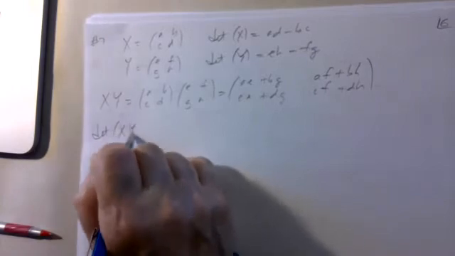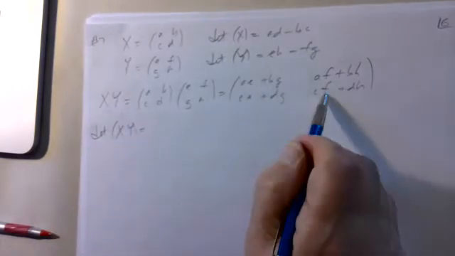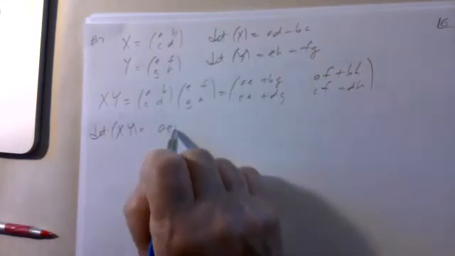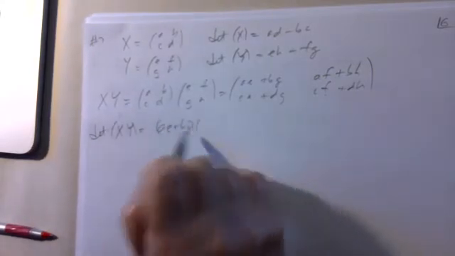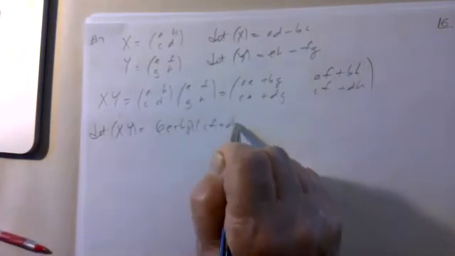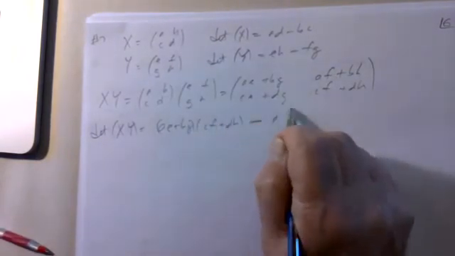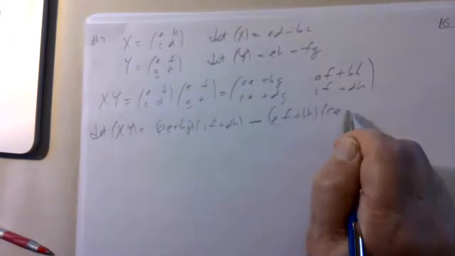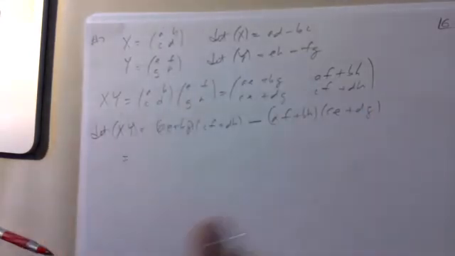So the determinant of X times Y is this times this minus this times this: AE plus BG times CF plus DH, minus AF plus BH times CE plus DG. And then you just multiply through and see what happens.